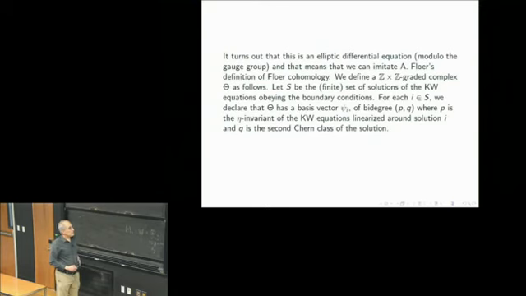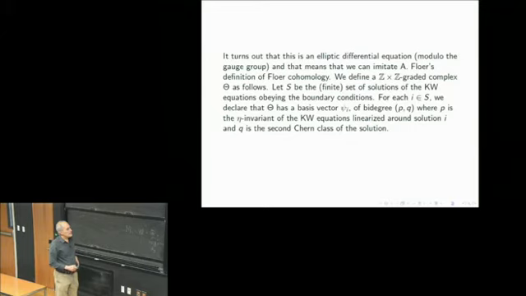So this is an elliptic differential equation modulo the gauge group, so we can imitate Floer's definition of Floer cohomology. We define a Z times Z graded complex theta as follows. Let S be the set of solutions of the KW equations that obey the boundary conditions.